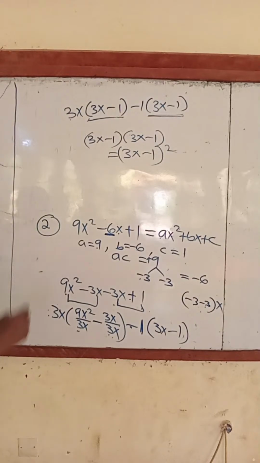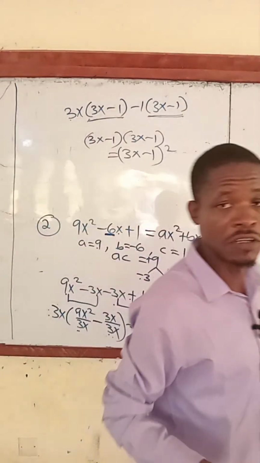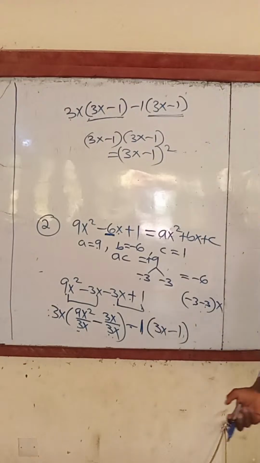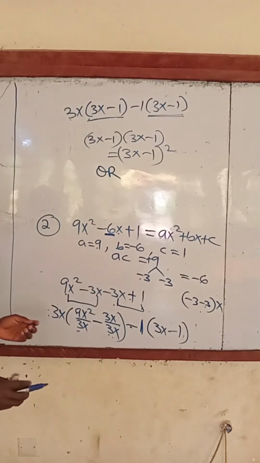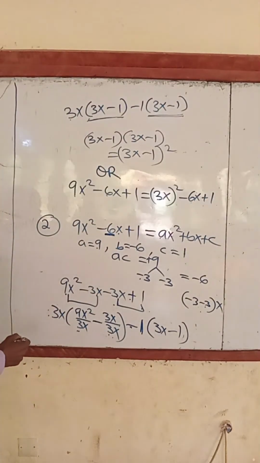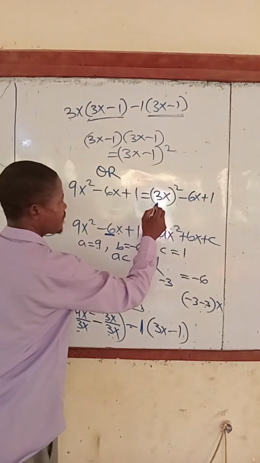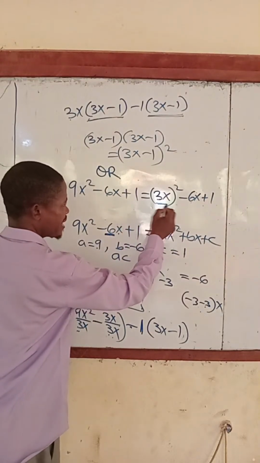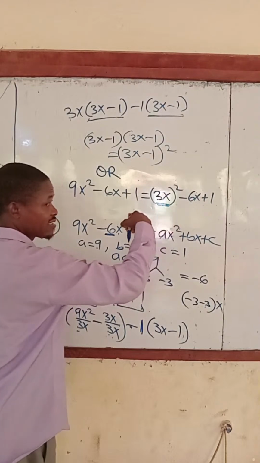But we can solve it in a faster way using perfect square. Instead of factorizing, we can solve it using the perfect square. Another way you can solve this question: anytime you have one of these, this is a multiple, 3x squared.